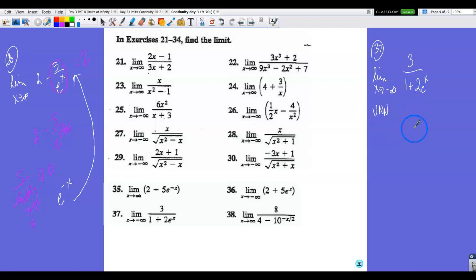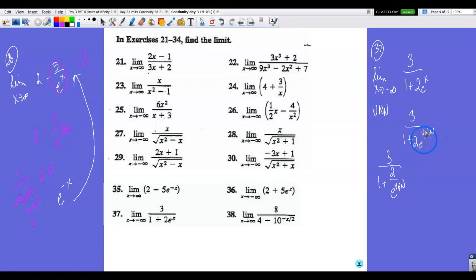So I'm going to substitute a very negative number in place of x, so 1 plus 2e to a very negative number. Think about the power work that we just did in the last problem. I don't want a negative power, so that becomes 3 over 1 plus, watch carefully, 2 divided by e to a very positive number.